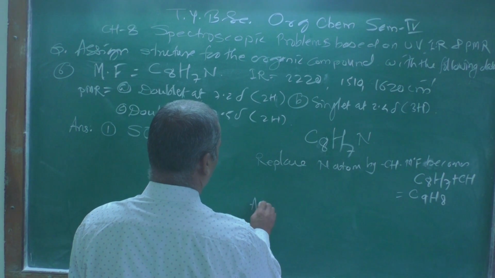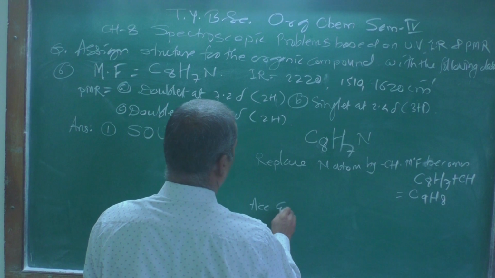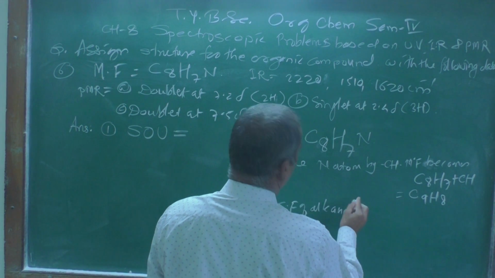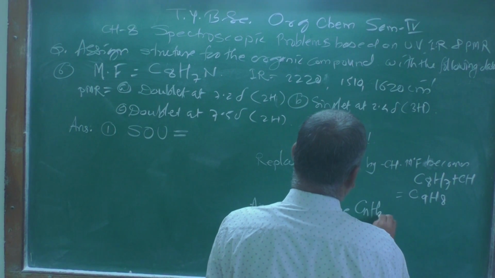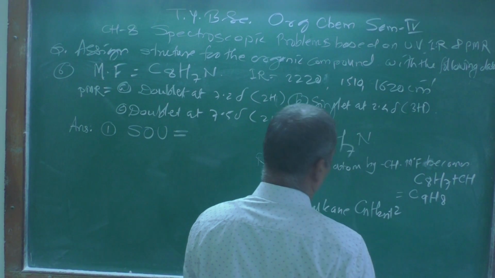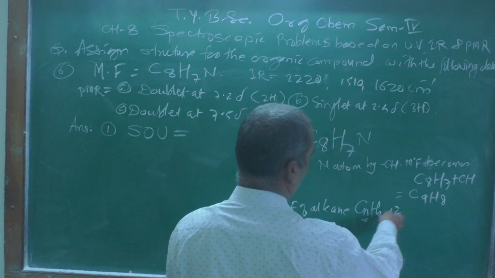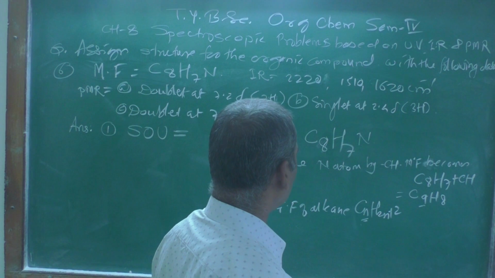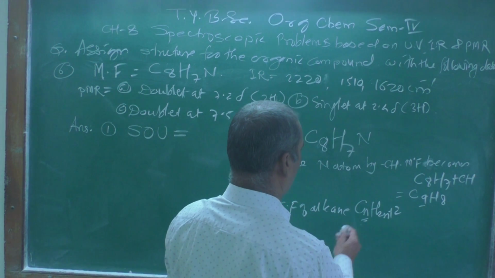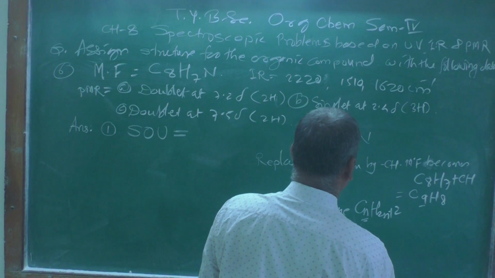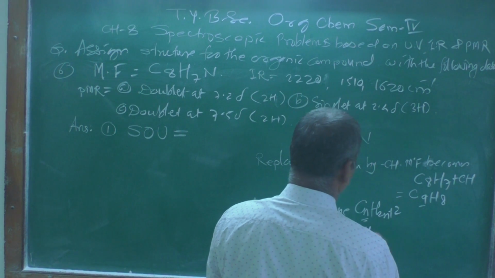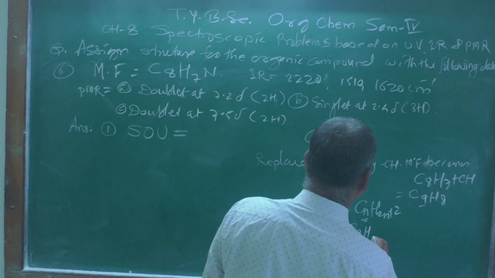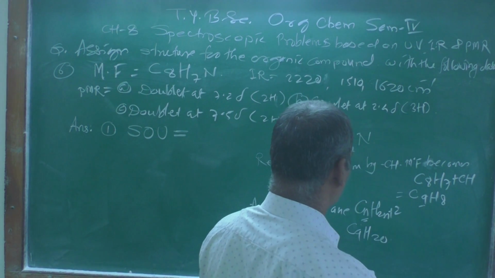Now, according to the general formula of alkane, CnH2n plus 2, where n is the number of carbon atoms shown in the molecular formula, C9H20.